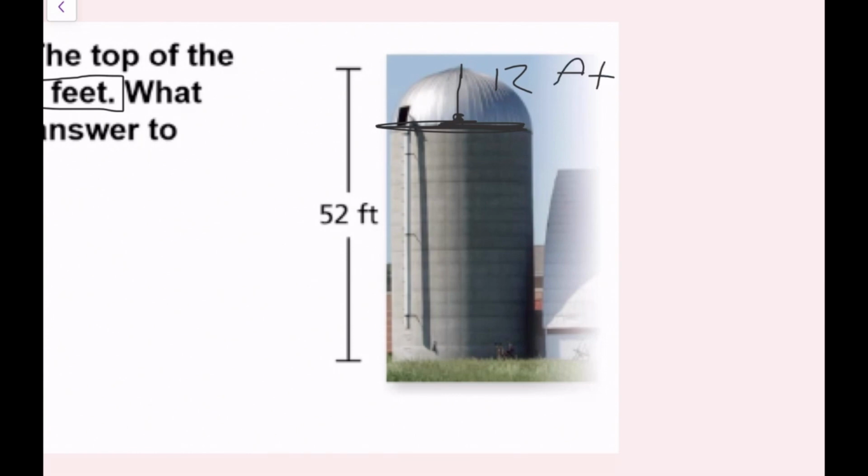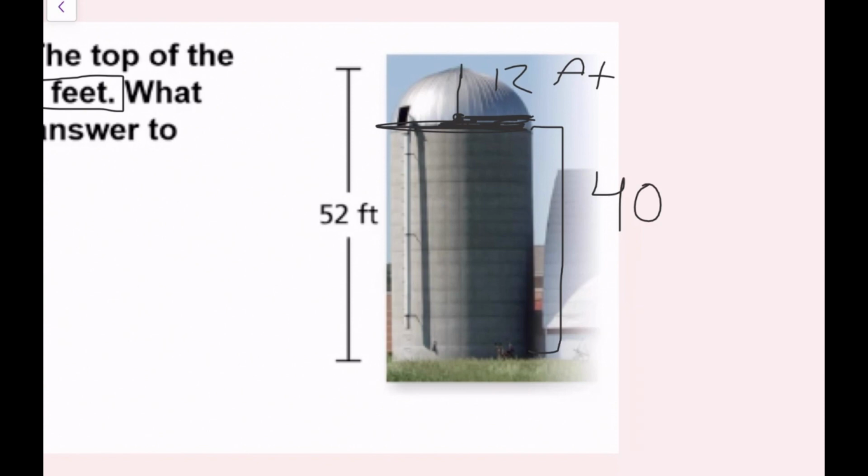Which means that the rest of this height is going to be 52 minus 12 feet, so this is going to be 40 feet. And since we have the radius of the hemisphere, which is 12 feet, this is also going to be the radius of the cylinder. So that's very fortunate for us.